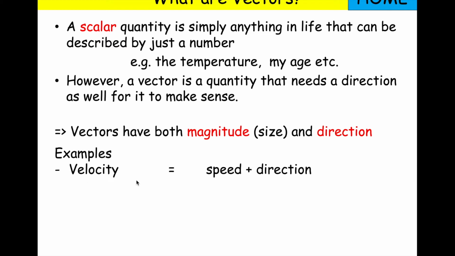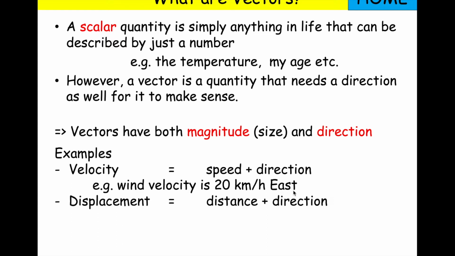Velocity is a vector, and velocity consists of speed and direction. For example, wind velocity, say 20 kilometers per hour to the east. So this is the size or magnitude, and this being the direction.